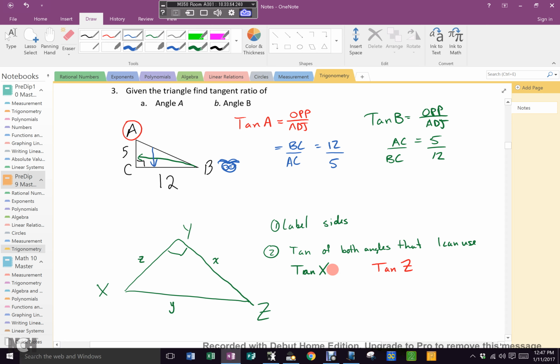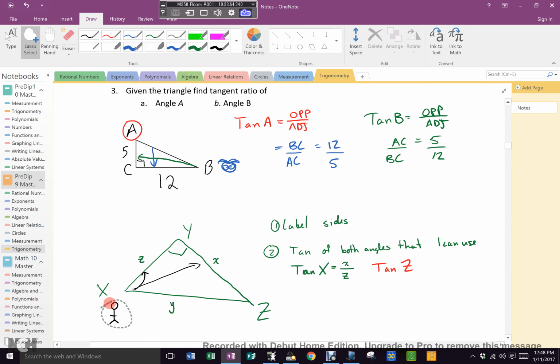Okay, so what is opposite of x? Y is the hypotenuse. Little x over what's adjacent? Little z. Now, I'm over here. I was here. There I am. I looked opposite and then I looked adjacent, right?